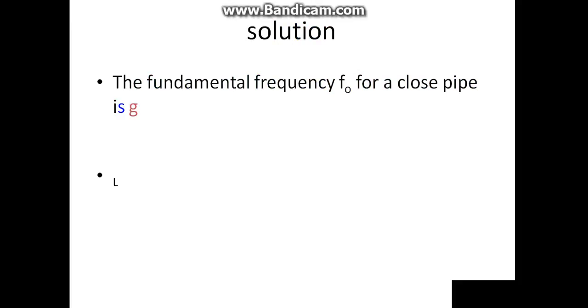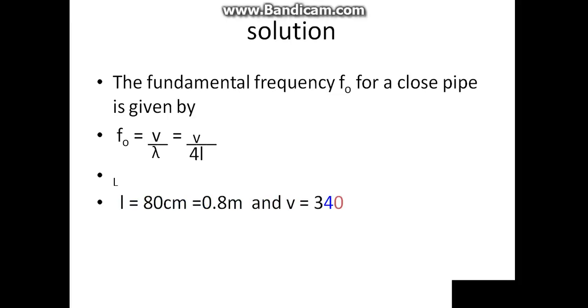The fundamental frequency FO for a closed pipe is given by FO equals V over lambda, which is equal to V over 4L. L is equal to 80 cm, which is equal to 0.8 meters, and V is equal to 340 meters per second. Therefore, FO is equal to 340 over 4 times 0.8, which will give us 106 Hz.